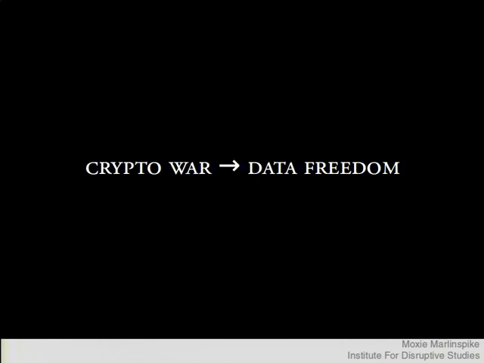My second thesis here is that the crypto war was largely about data freedom. While all of this was happening, the name of the game was trying to get restricted information out, to make restricted information available. And from that, it was very easy to extrapolate a future of data control.